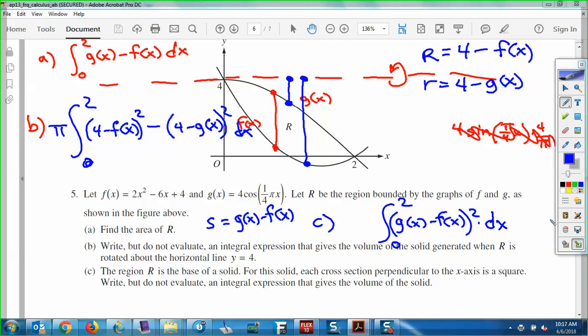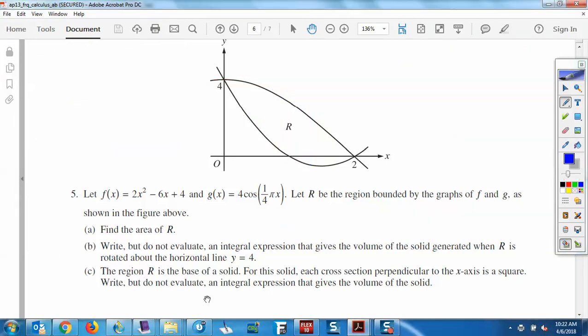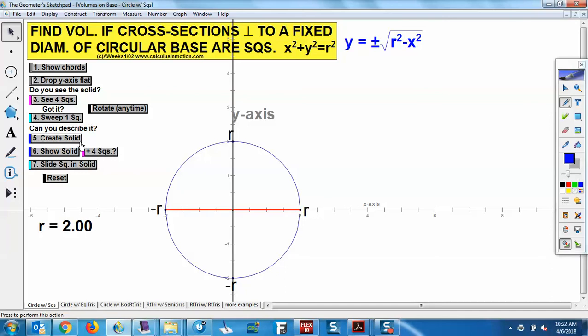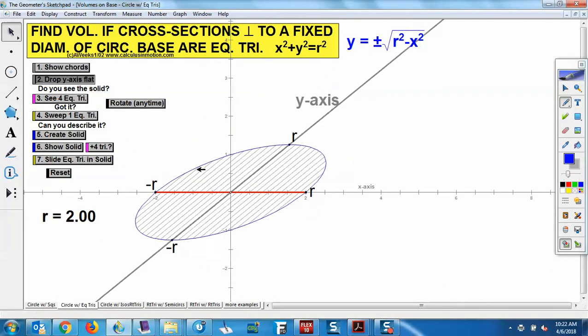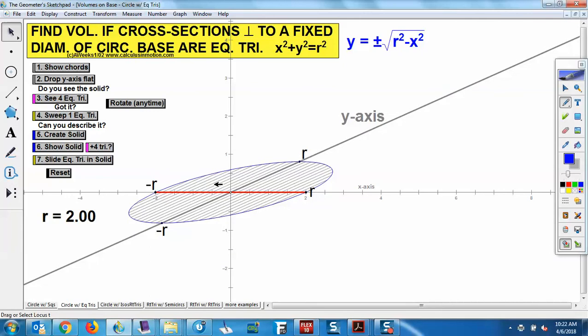All right. So what other kinds of slices could we have? Quickly, just to finish up here, on our list of slices, I've got two more we could have. We could take this same base here, and instead of squares coming up off of the page, we could have equilateral triangles. Now, we can have all kinds of shapes, but I'm going to limit it to just a few that you need to know.